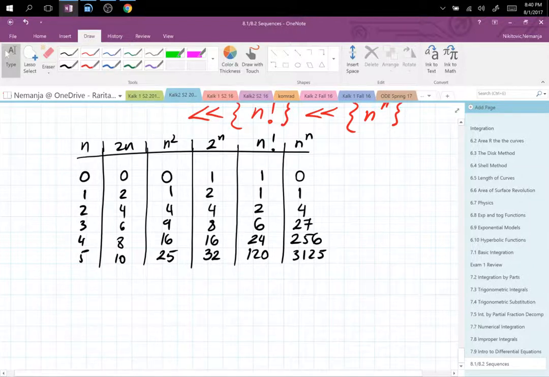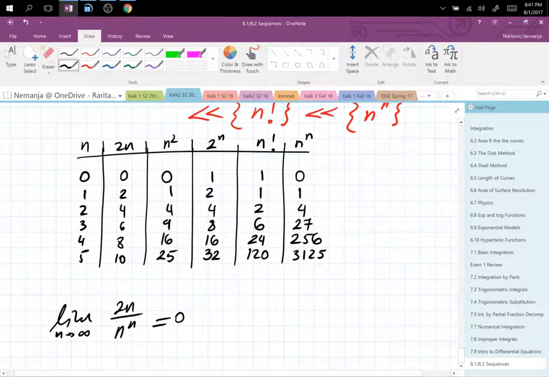And if they are of the same growth rate, then you have to do the math. So if you have the limit of 2n divided by n to the n, that's immediately 0, because the sequence on the bottom grows much faster than the one on top. You eventually end up dividing a number by infinity, and you get 0.